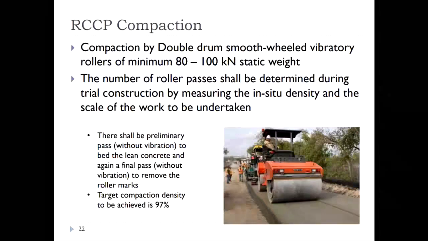Now, as I told before, it would be difficult to achieve a compaction of nearly 96 to 97%. This is one drawback, but irrespective of that, the target compaction density that has been recommended is 97%.